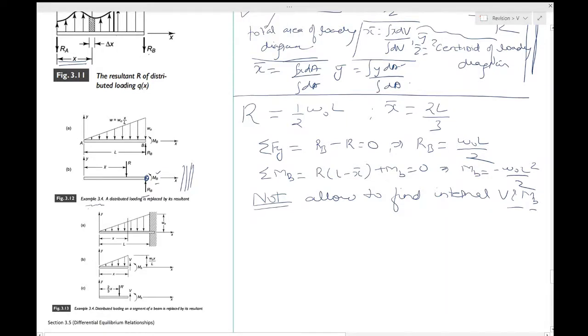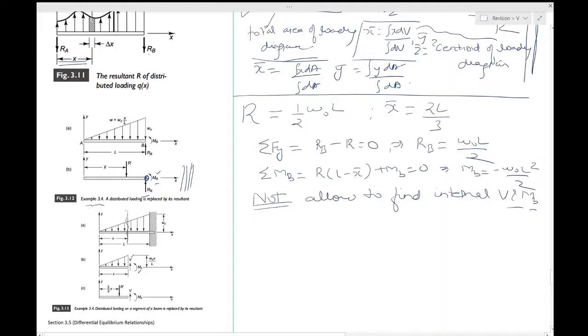The trick around is quite simple. Make a cut section such that this internal force and moment actually becomes external. So this V and MB now becomes external, and now you can use the resultant force of a distributed loading to solve your problem.